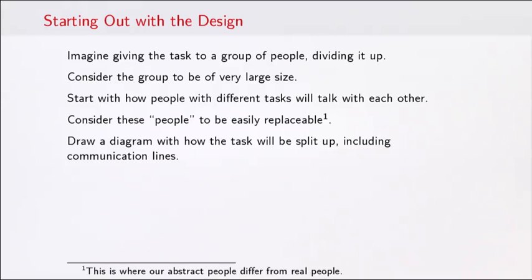As you go about defining the tasks of certain actors in your system and the role they play and the other actors they collaborate with, draw a diagram and mark down the communication lines between the actors and how they relate to each other. I will demonstrate this process now on a simple project.